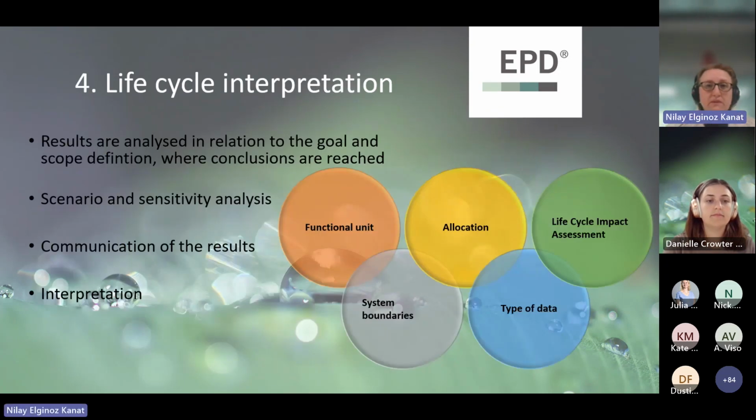And in the life cycle interpretation phase, it is important to tell about your calculations. It's like telling the story. So you have a goal, and then you have these calculations. So you connect everything together. And here you have to tell about what you did, which kind of allocation.